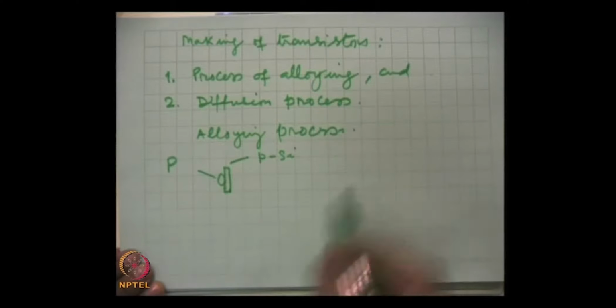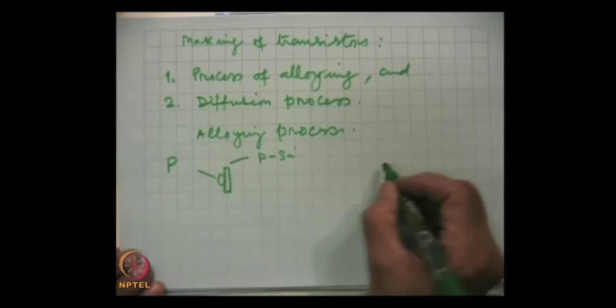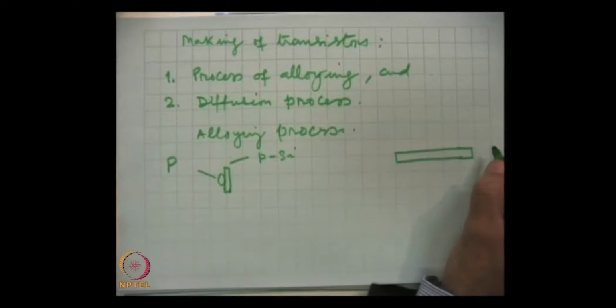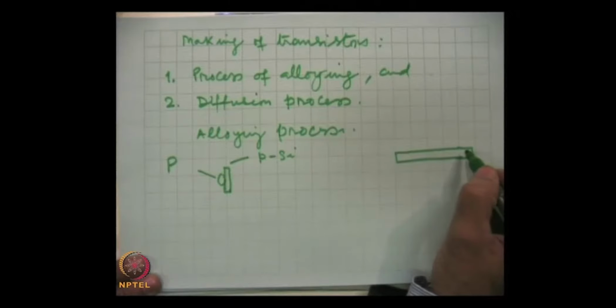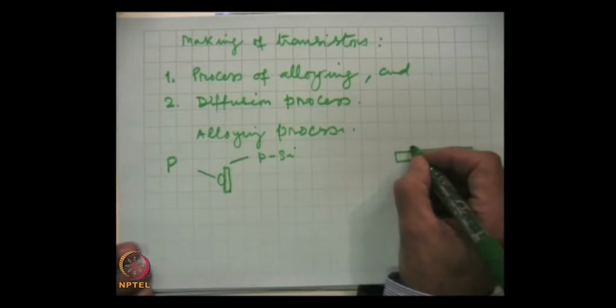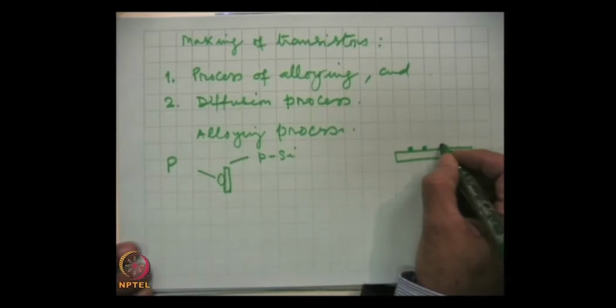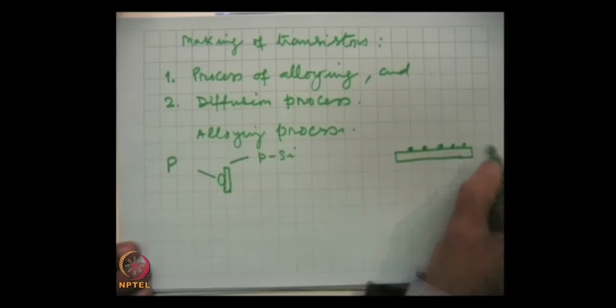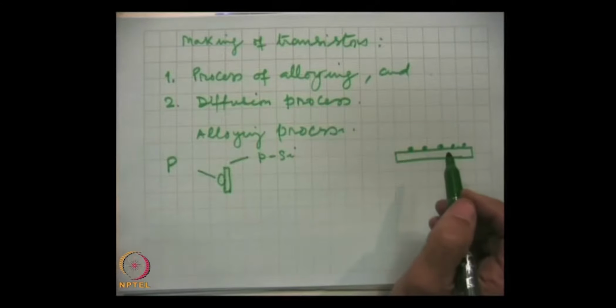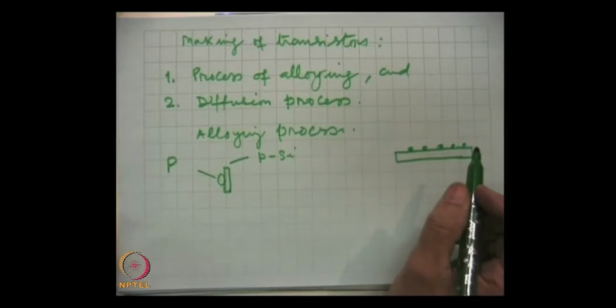Actually there is a large crystal and the thickness is very little, almost a millimeter, but the size can be 2 inches, 4 inches, and these pellets in the form of small dots are put on one side of it, and then the whole arrangement is put in a furnace which is very well controlled in its profile and in its temperature.